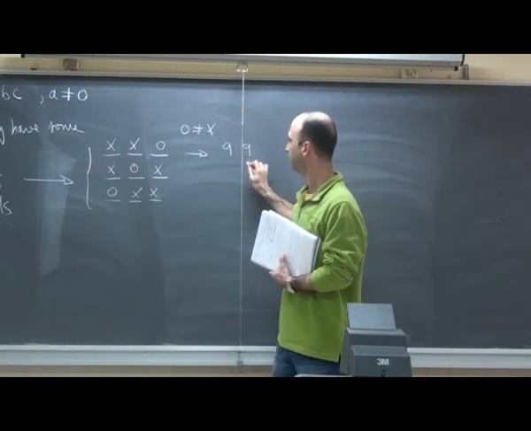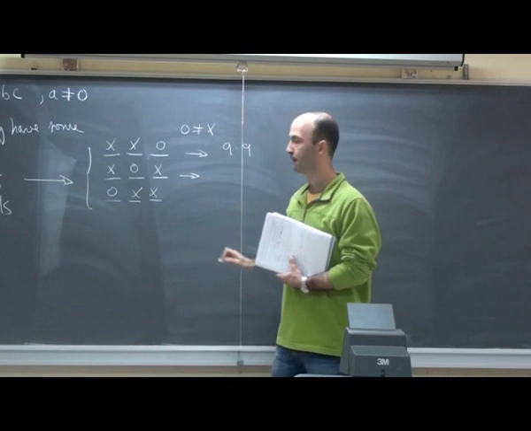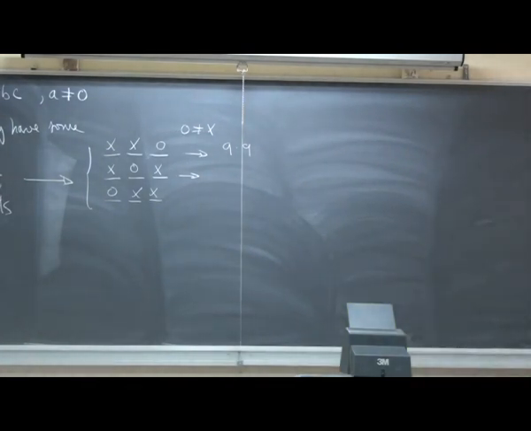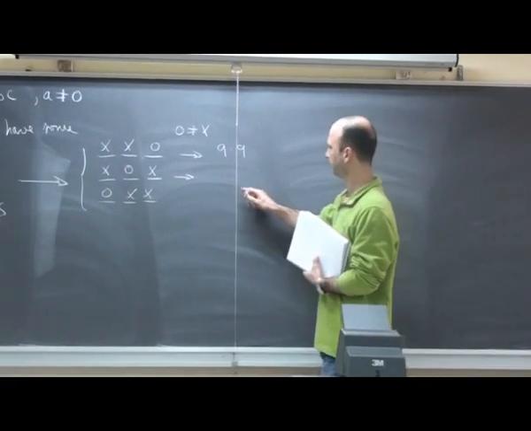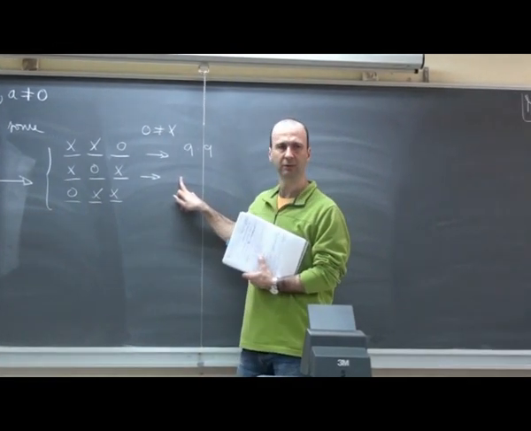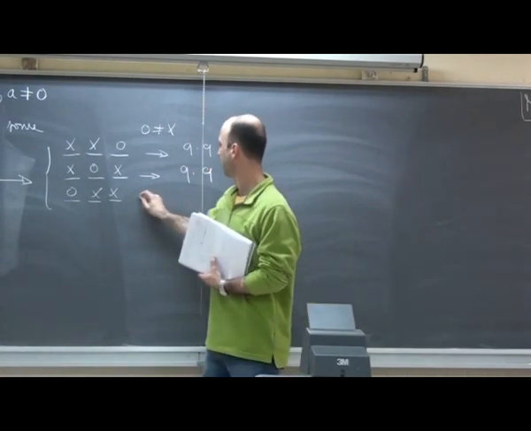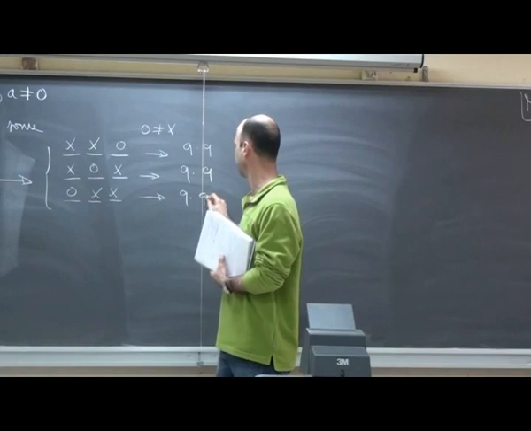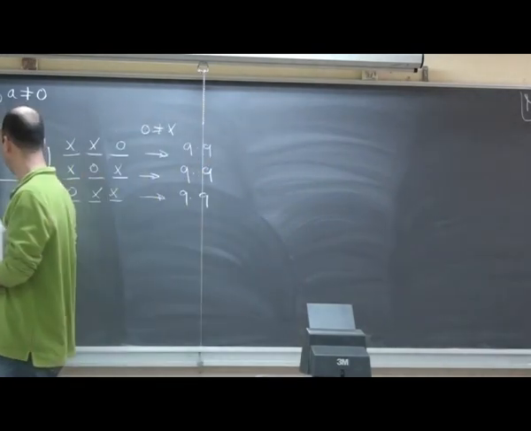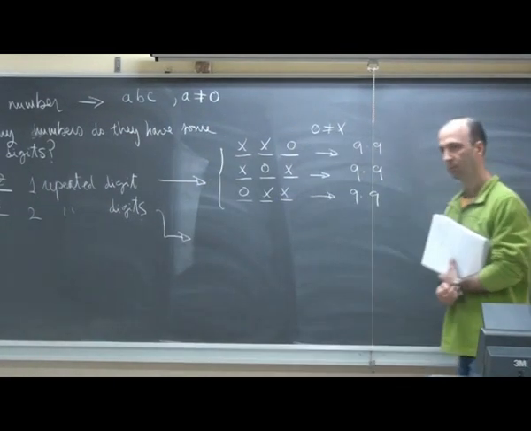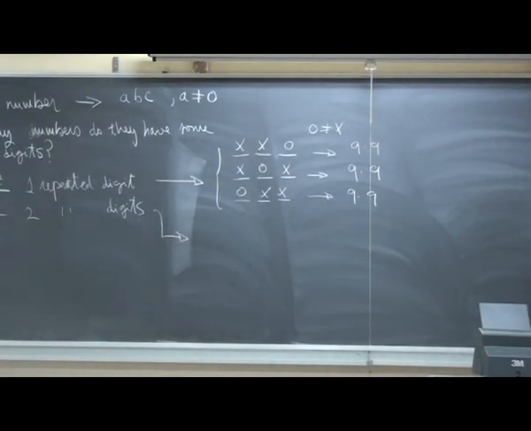So this is 9. Get used to saying your answer followed by because and an explanation. It will be much appreciated. So here, the same: 9 times 9, and here 9 times 9.